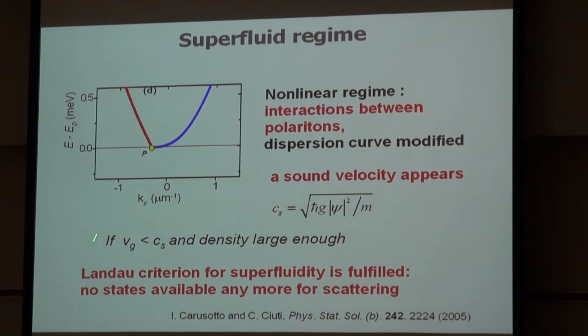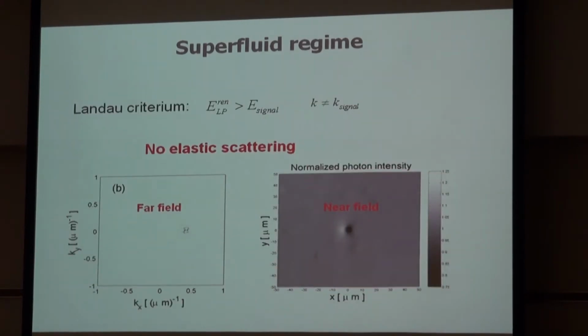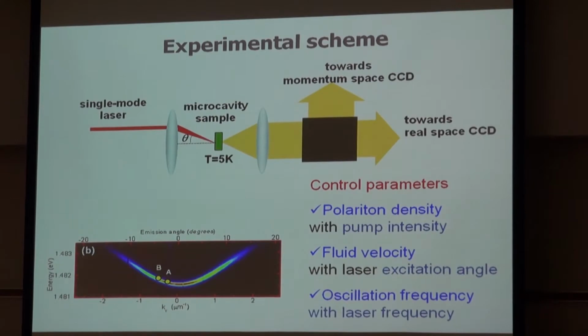And if the group velocity is smaller than this speed of sound, then there are no states available for scattering, and one expects this superfluid behavior where the fluid doesn't see the defect anymore. So this is in the far field, no ring; in the near field, no fringes. So this was the theoretical prediction of this Fitzgerald paper in 2006.